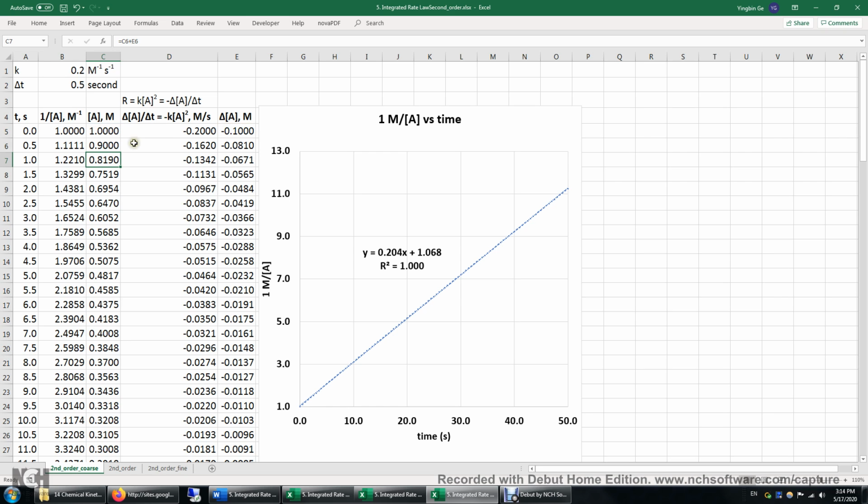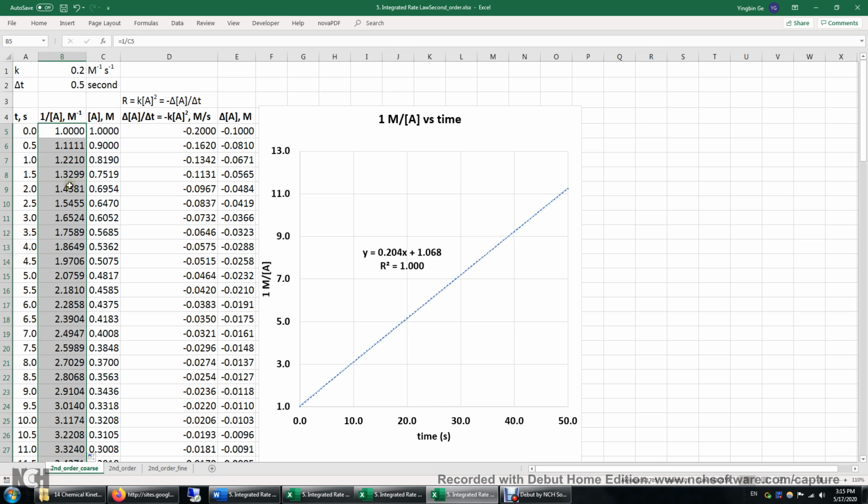All right, we just keep doing this again, or we just click the filled square on the bottom right corner here, and we got the concentration of A. But again, we're trying to plot 1 over A versus time, so this is 1 over A. 1 over C5 is 1 over this value, and then I just click this square.